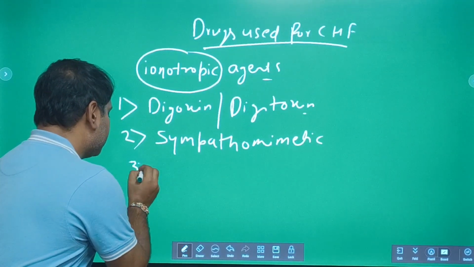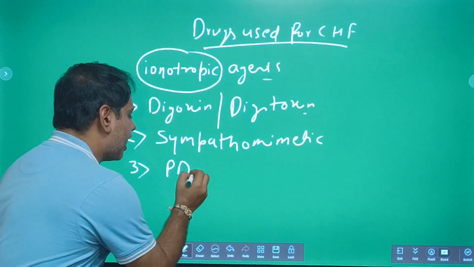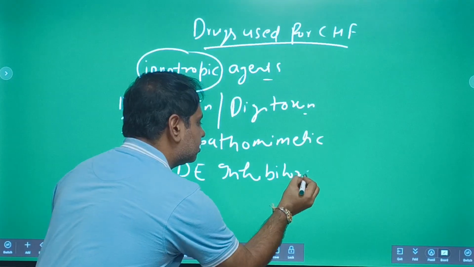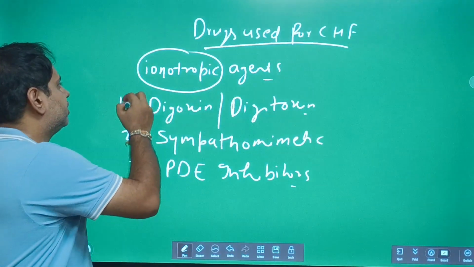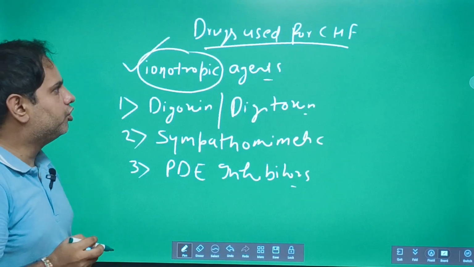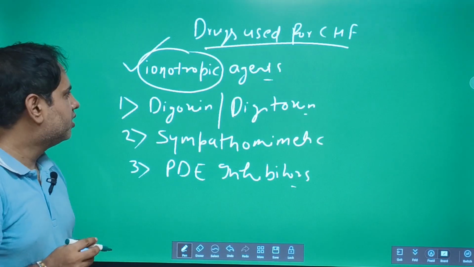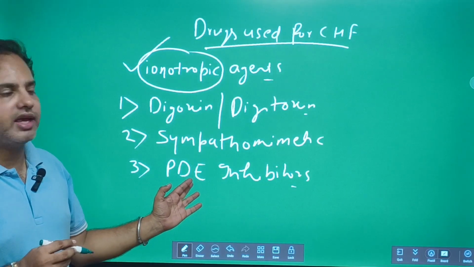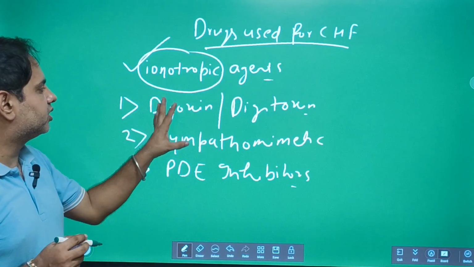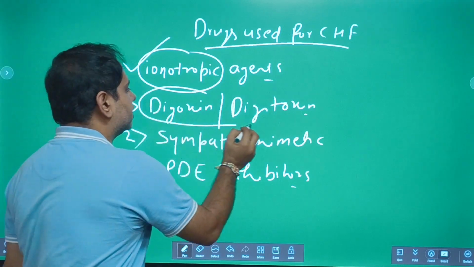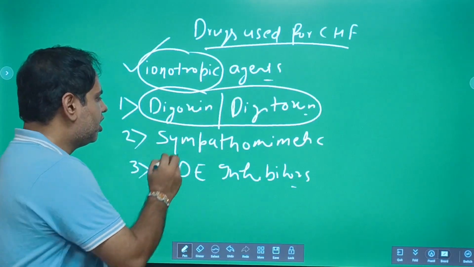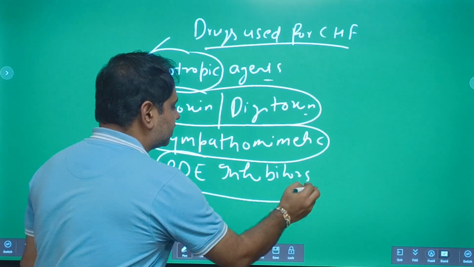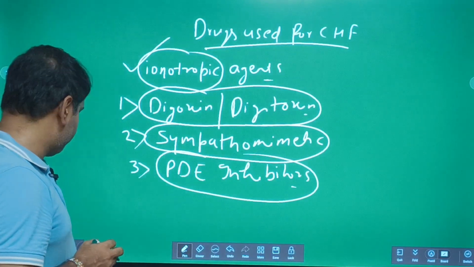Then another drug is phosphodiesterase inhibitors. So these are the drugs which come under inotropic agents and are useful in the treatment of CHF: digoxin or digitoxin, sympathomimetic drugs and phosphodiesterase inhibitors. One by one we are going to discuss the mechanism of action, how digoxin increases the force of contraction of ventricles, how sympathomimetics increase it, and how phosphodiesterase inhibitors increase the force of contractions of the ventricles.